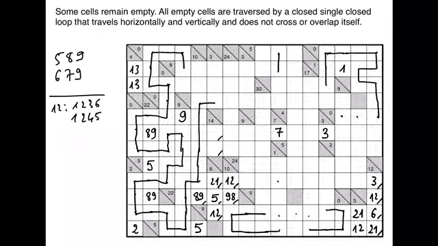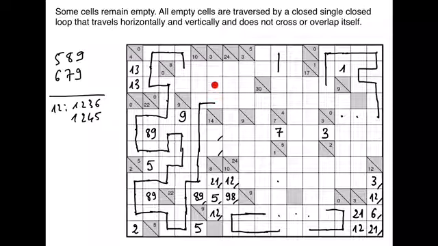I can't go like this. So what would force me to go up or down? Not sure about this. It's either this way or this way.